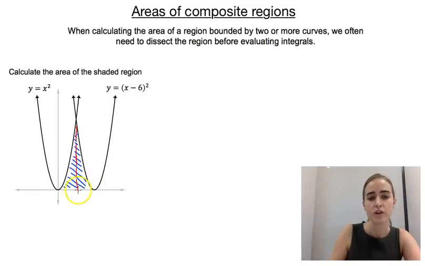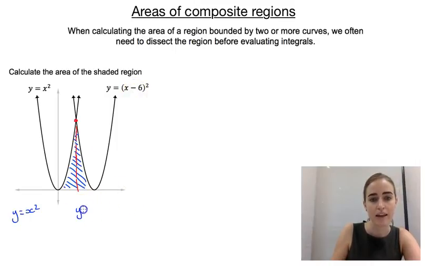Our first issue though is that we need to calculate that x value. So that means we need to find the x value of the point where those two curves intersect. To do that, we're going to solve these two equations simultaneously. So we have y equals x squared, and we have this one, which we're going to expand out.